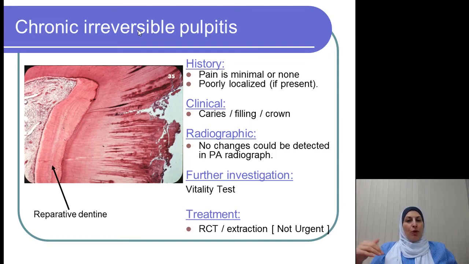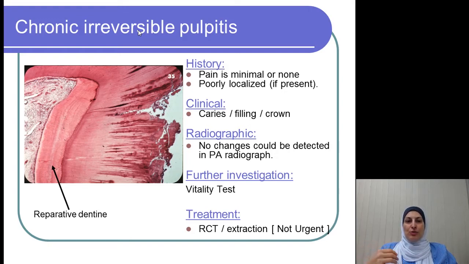So, do all patients go through the acute irreversible pulpitis? Is it necessary that when you see a remaining root, the patient went through this story of acute severe pain that disturbed the patient's life for a couple of days before the pulp became necrotic? No, it's not a must.